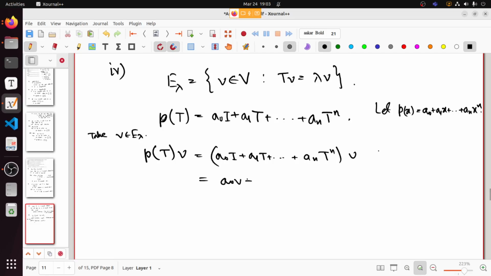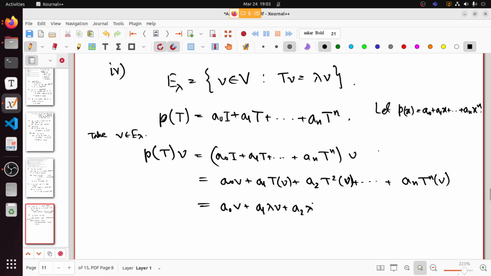So it will be a0 v plus a1 T v plus a2 T square v, right? Dot dot dot an T to the power n v. If v is an eigenvector of T with eigenvalue lambda, then v is an eigenvector of T square with eigenvalue lambda square, or more generally T to the power n with eigenvalue lambda to the power n. So we will use this. It will be a0 v plus a1 lambda v plus a2 lambda square v plus dot dot dot an lambda to the power n v, right?